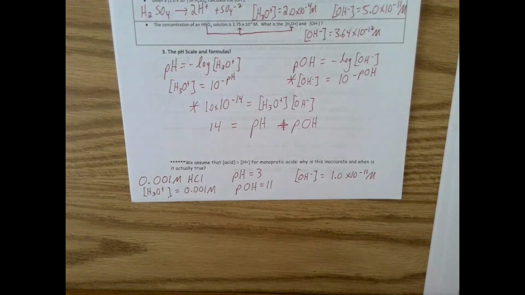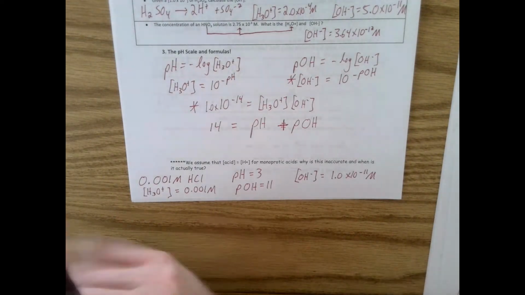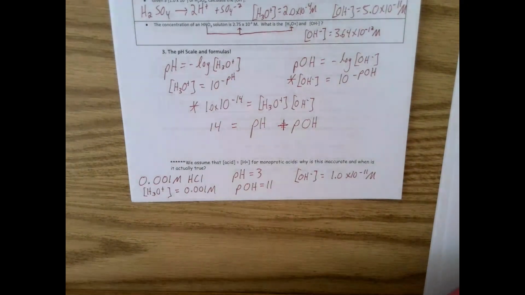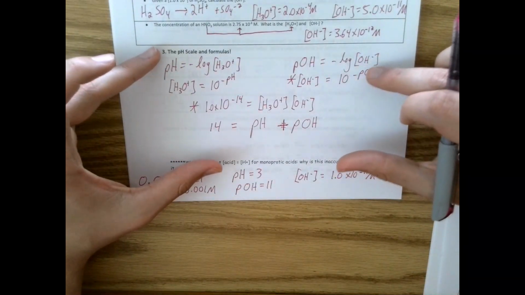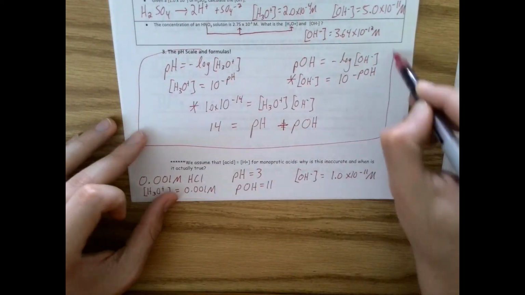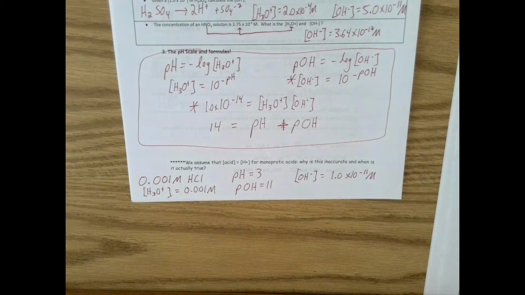So now, what we're going to do next is bring together all the stuff we talked about the last couple of days, the chemical reactions and conjugate acids and conjugate bases, with this and solve some problems. Before we can do that, though, you have to learn these formulas. Must you memorize all of them? Well, if you can't use one to solve for the other, then yes, that's one route.